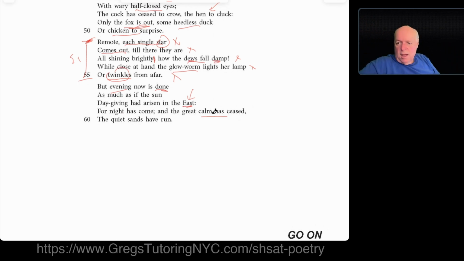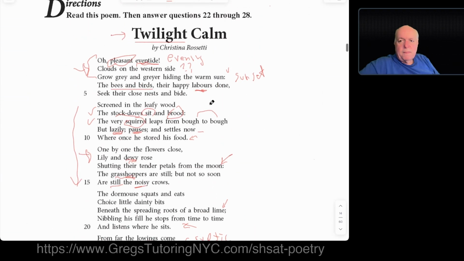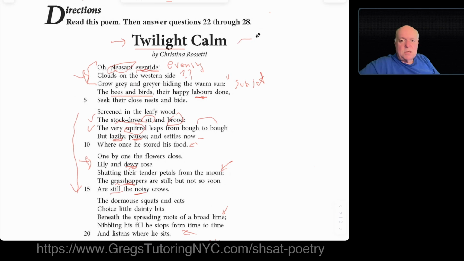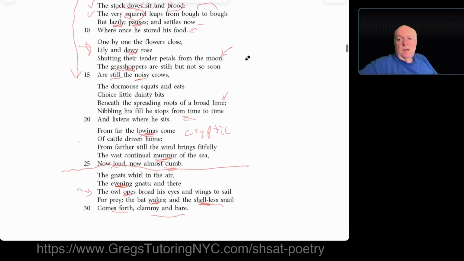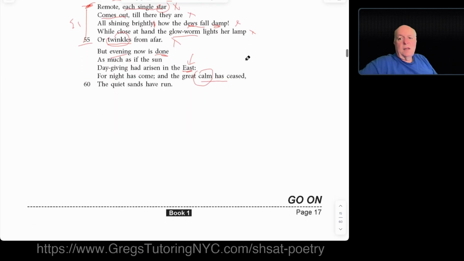And if we look at it, the great calm has ceased. The name of the poem was Twilight Calm. So this is sunset calm, and then the night, and everybody's asleep. So it's kind of coming full circle again, almost a story arc again.